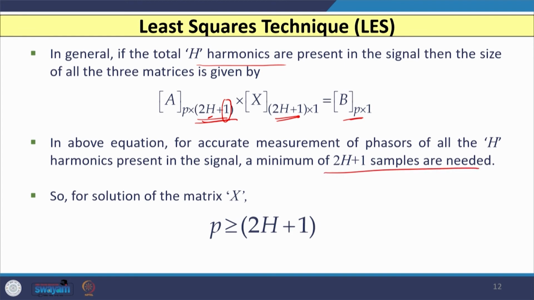So, as I told you, we need at least 7 samples if 7 unknowns are there. That is why, for the solution of matrix X, we need P, the number of samples, to always be greater than or equal to 2h plus 1. If it is less than that, then we are not able to find the unknown values.